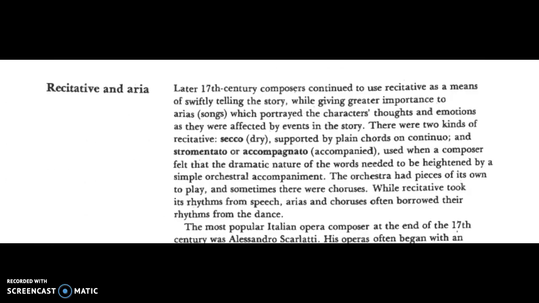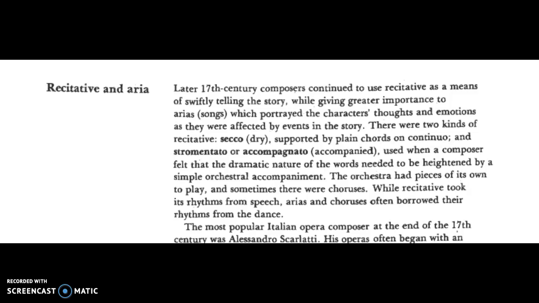We looked at recitative last week, but now we're going to do it a little bit more in detail. Later 17th century composers continued to use recitativo as a means of swiftly telling the story, while giving greater importance to the arias, which portrayed the characters' thoughts and emotions as they were affected by events in the story.